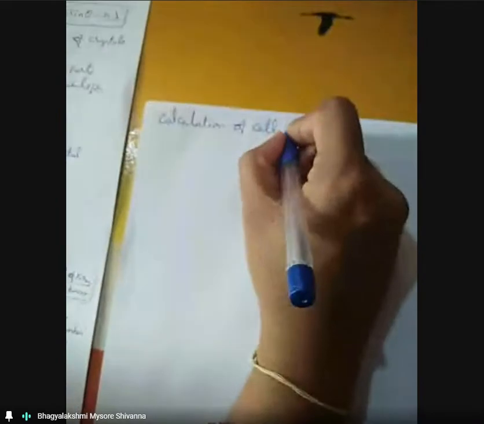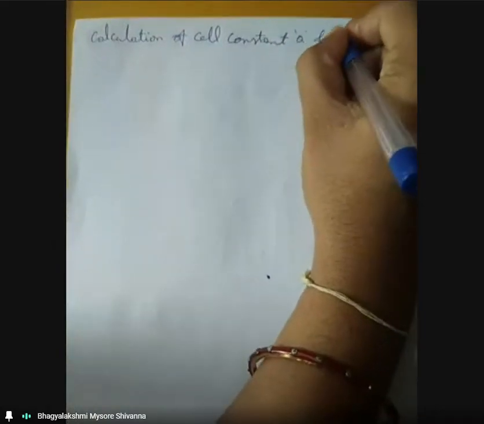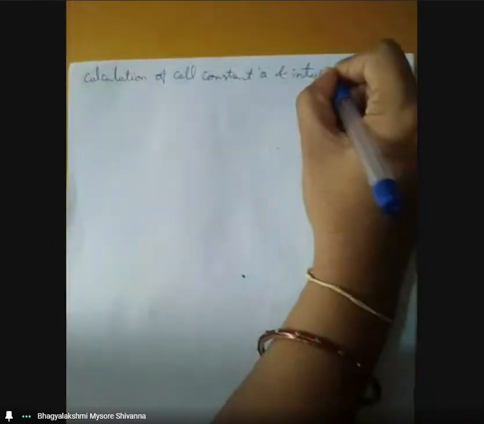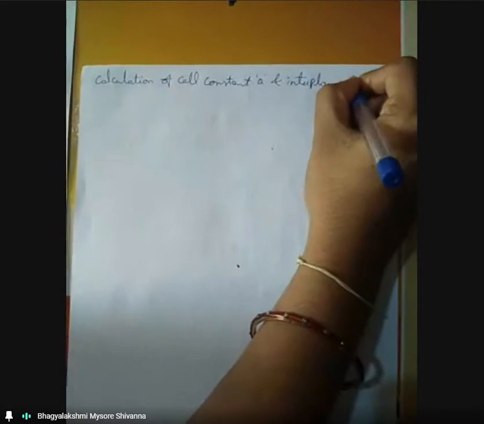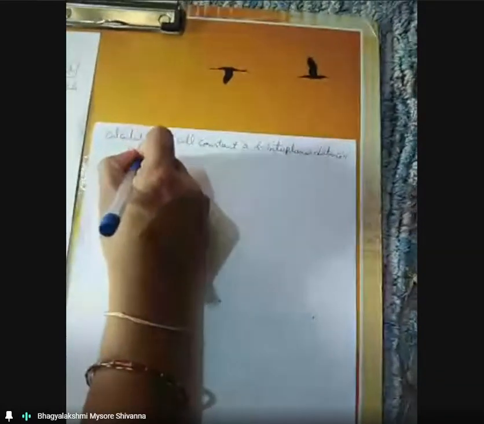Next is the calculation of the cell constant a and the interplanar distance d for the NaCl crystal, because we are taking NaCl crystal as the example.